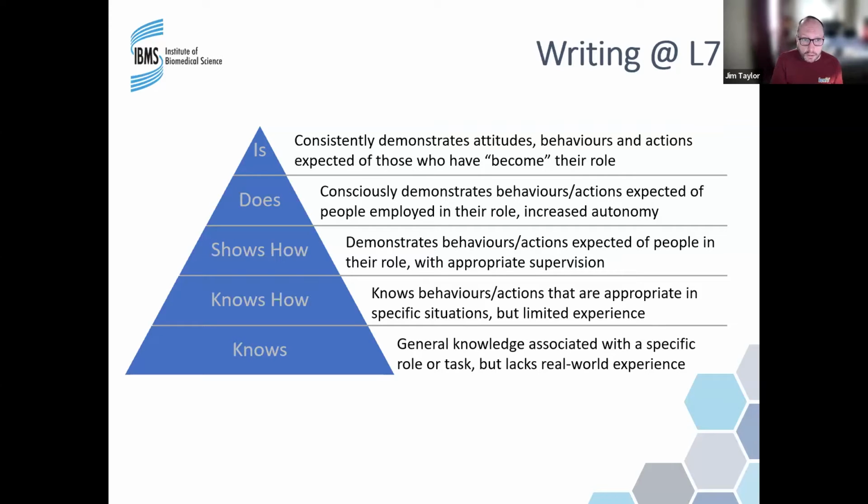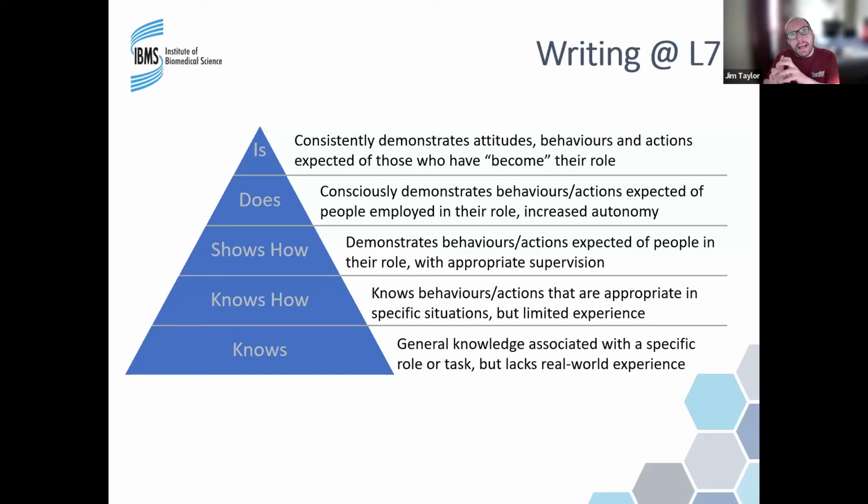The idea is that by writing at level 7 in the context of higher specialist qualifications and other post-specialist qualifications that the Institute offers, you're working in the top half of Miller's triangle. It's all about the embedded skills, behaviors, and knowledge that you've amalgamated from your practice and that you are developing as a result of the experience you are gaining at work.